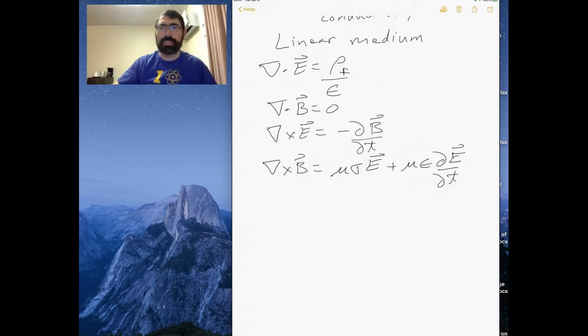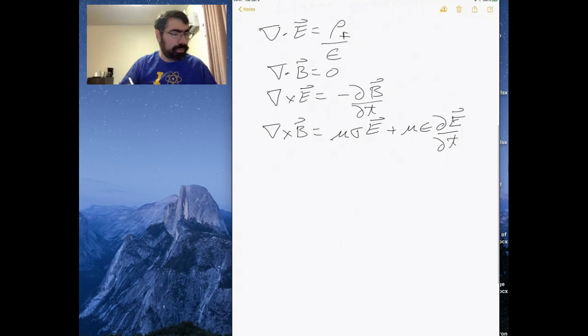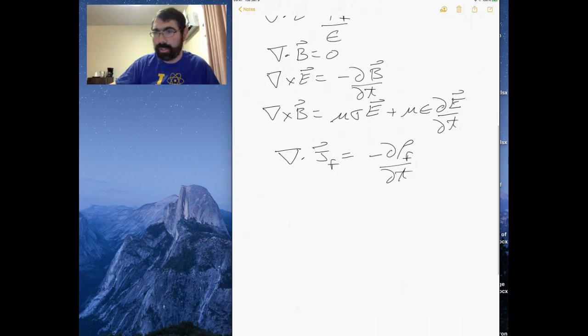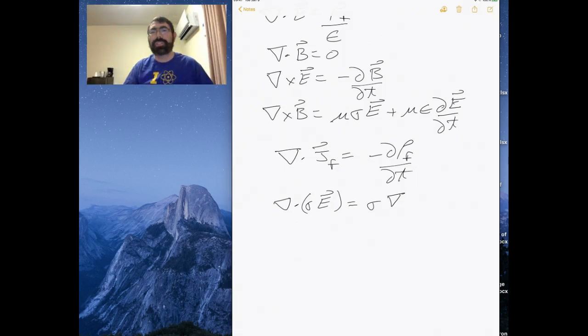Okay. The other thing we need to consider is applying Ohm's law to the continuity equation. So the continuity equation says the divergence of the free current is going to be equal to minus the change in time of the charge density. Now the free current is just the conductivity times the electric field. That's a constant that doesn't change in time, so charge is conserved.